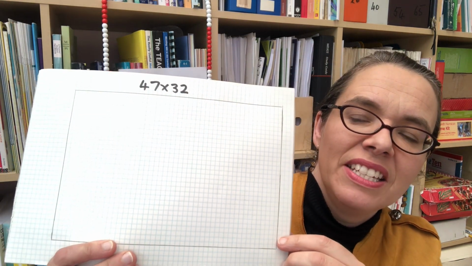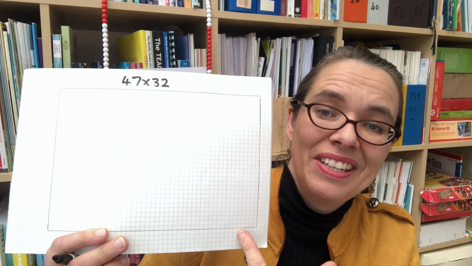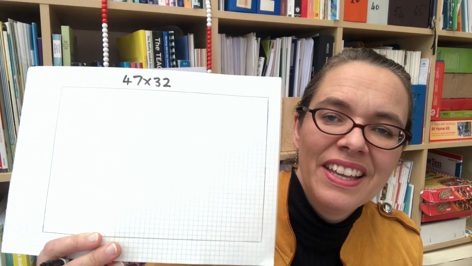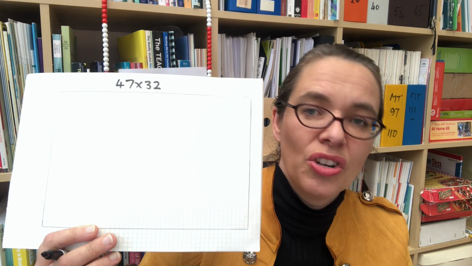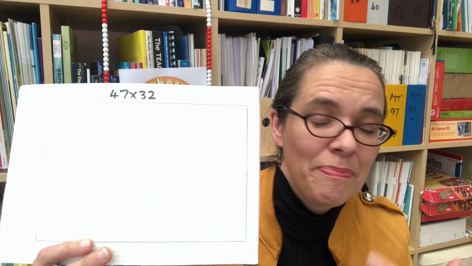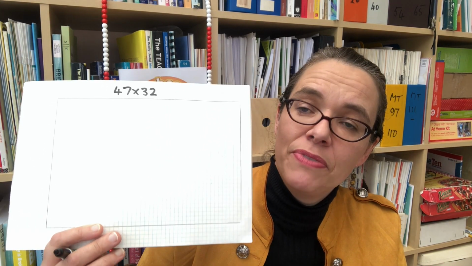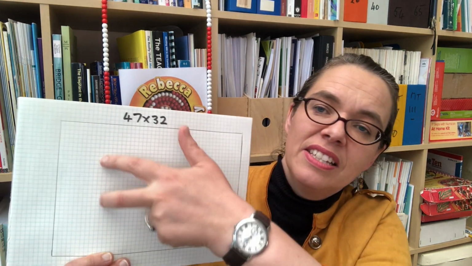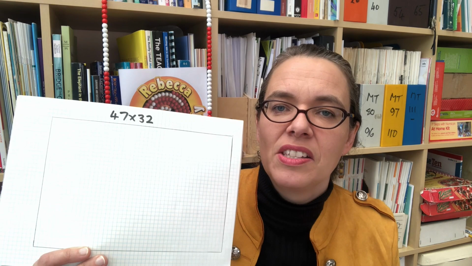So the question we looked at before was 47 times 32. Just moved on to half centimetre squared paper, so that fits nicely now. And we asked children to try and use shortcuts. They can be creative, but over time they should find that if they cut 10 rows at a time off, then it's quite manageable.